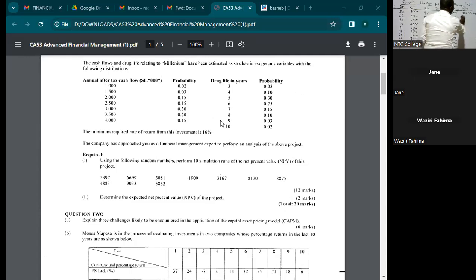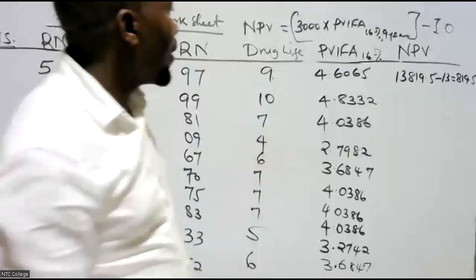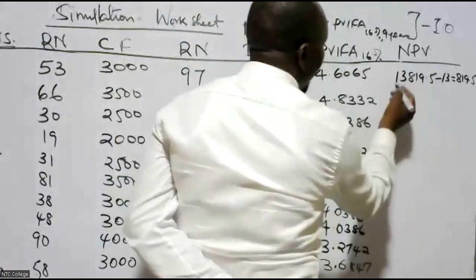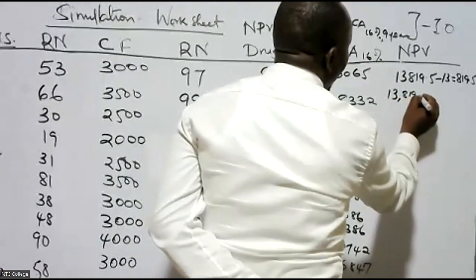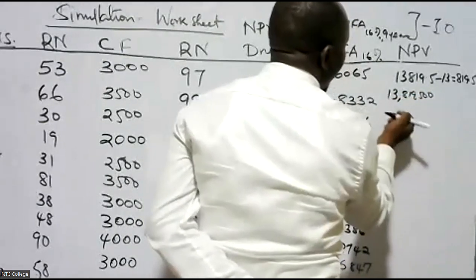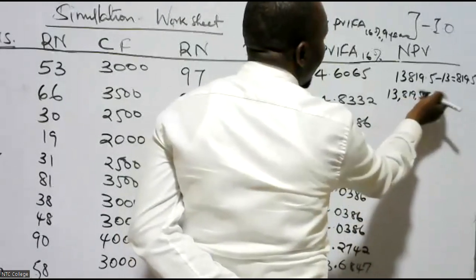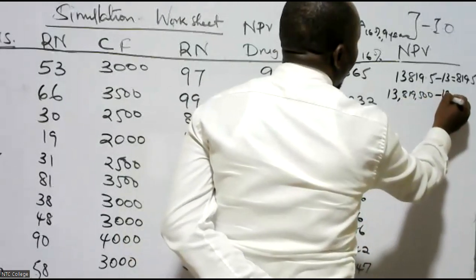So proceed, because I've seen the figures here are in millions. So we're okay. These are in millions, so even the answer that we are getting there is in millions. Let's say, for example, this one should be 13,819,500, then minus 13 million.